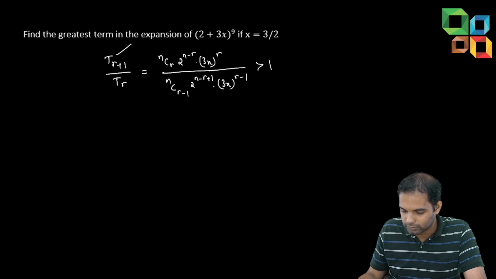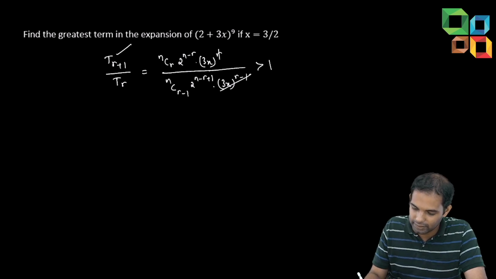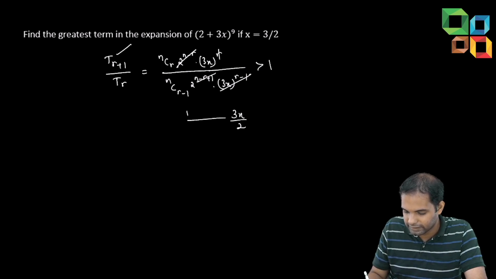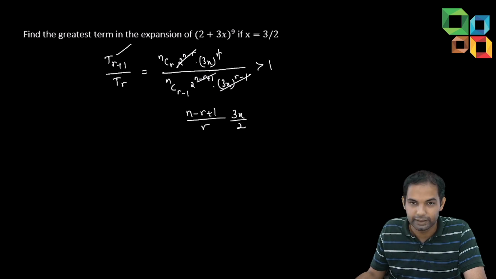Now, when is this greater? Let me simplify. This is nothing but 3x, and if I divide by this, it is nothing but 2. So what do I get? 3x by 2. Now remember, x is a positive quantity, so I can cross multiply. But still, here is (n minus r plus 1) by r. You already know this, I've done it multiple times. So let me just write it down.